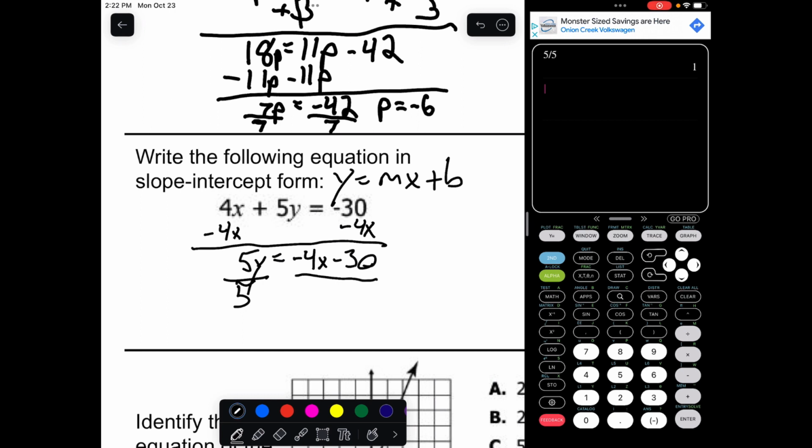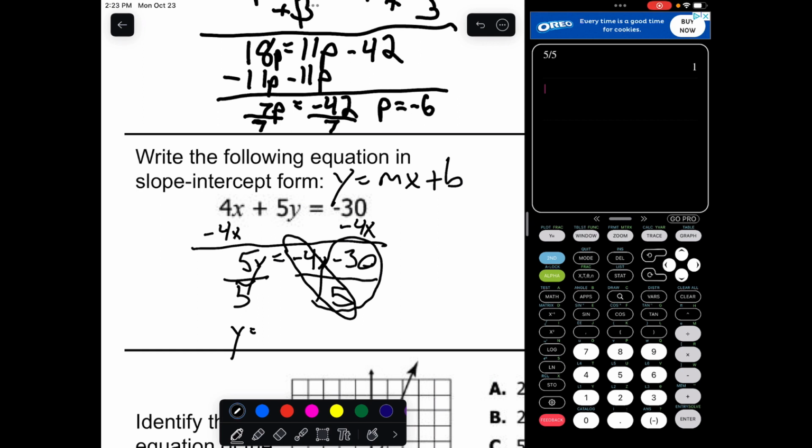What I do on one side of the equal sign, I have to do to the other. Divide by 5. Everything is going to get divided by 5. So my negative 4 and my negative 30. Both things are getting divided by 5. On the left, I have y equals negative 4 divided by 5. If I do that in the calculator, I'm going to get a decimal. Negative 4 divided by 5 is going to be 0.8.